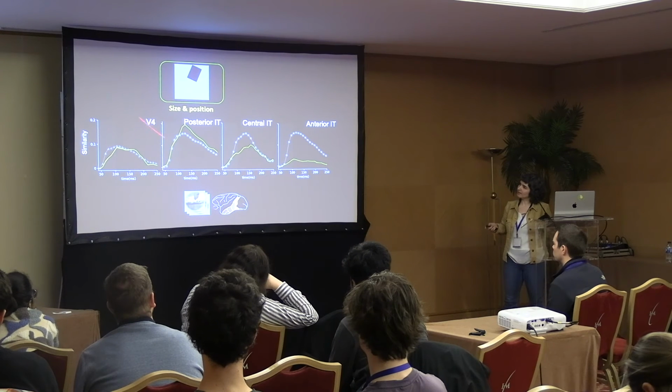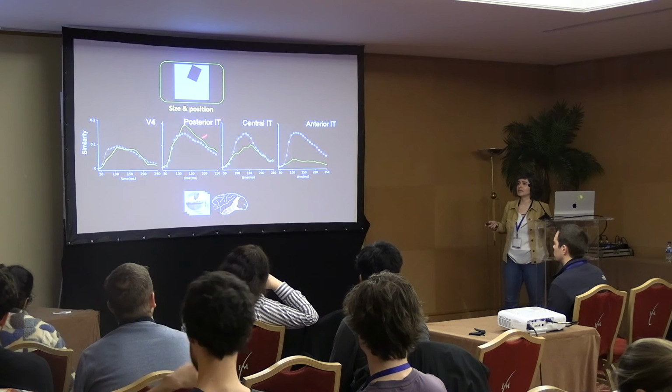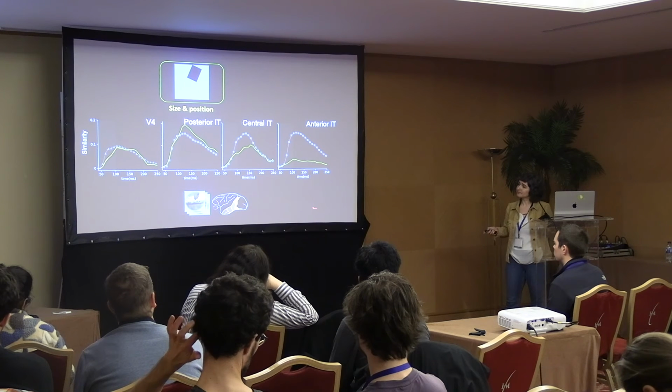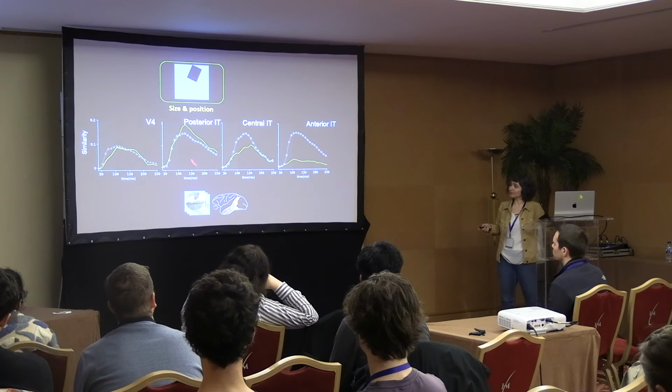And so this is the size and position of the detection mask explaining each of these areas. And as you can see, it does a decent job for posterior IT, going a little bit above the explanation from ResNet-50. And I put this brain here to emphasize that the monkey still looks at the whole image.